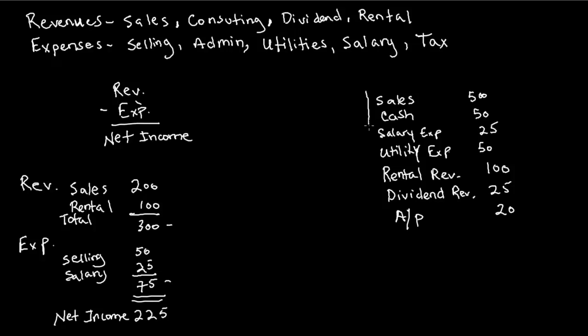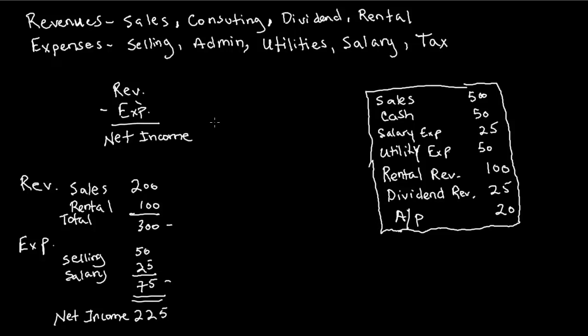And you're given these numbers, and what you have to do is you have to make an income statement out of them, right? So let's just go down line by line.